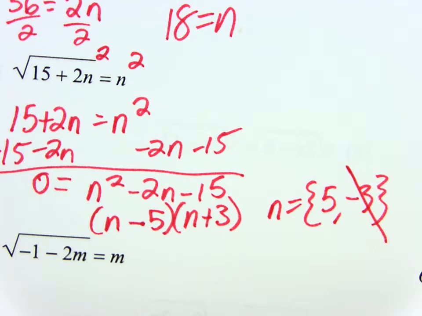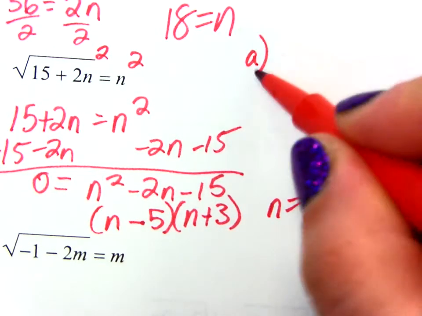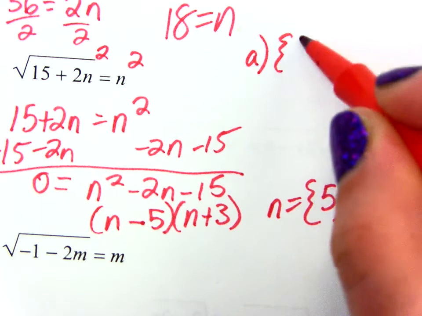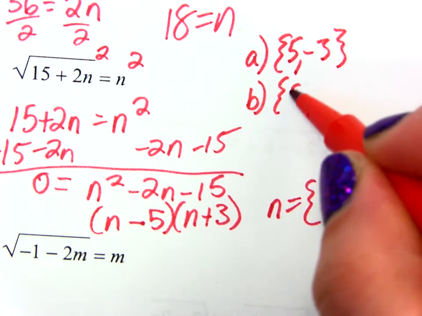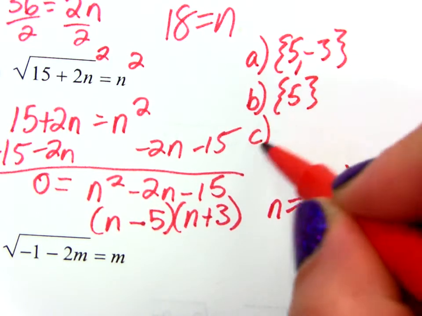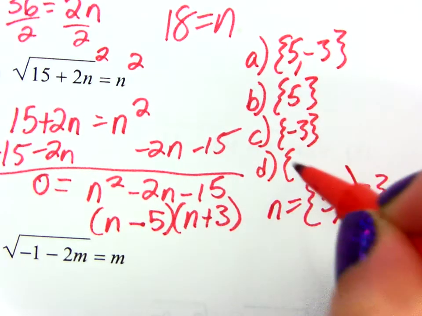This is important because if you're taking the MCAS, they're going to have 4 choices. One choice is going to be 5 and negative 3. One choice is going to be just 5. One choice is probably going to be just negative 3. And one choice is probably going to be baloney.